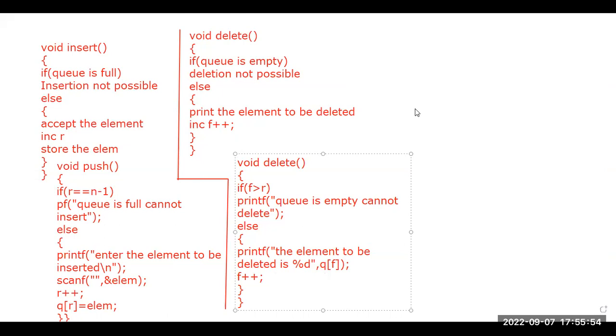Just remember, initially, F will be pointing to where? In the previous diagram I have shown, right? According to that, initially F will be pointing to 0, right? Tanvir, you are saying -1. R will be pointing to -1, but F will be pointing to 0. See, if F is pointing to -1, then first you should increment and then you should delete. Am I right? But where exactly F is pointing?